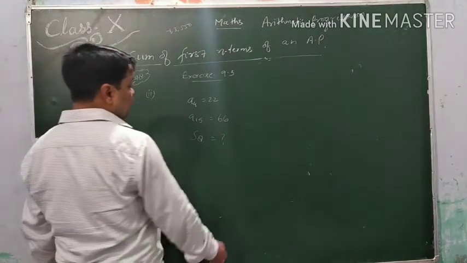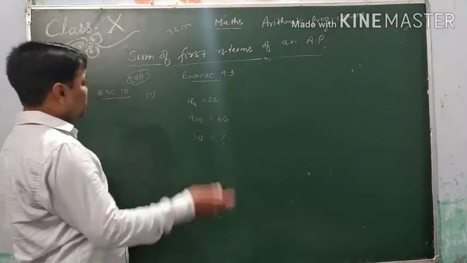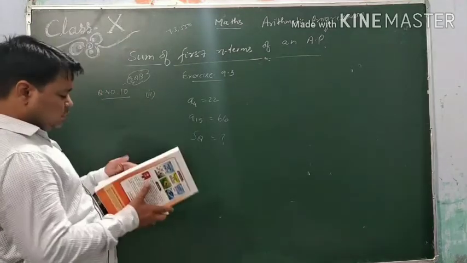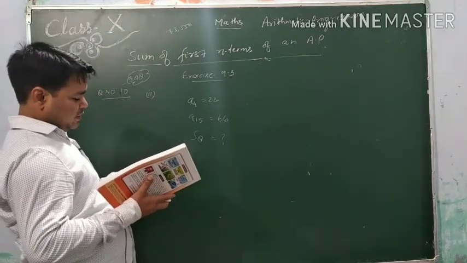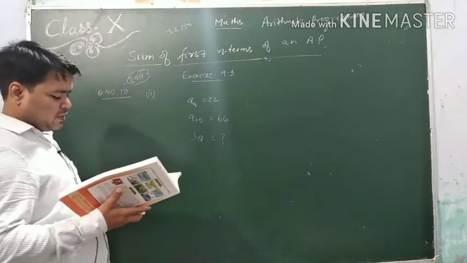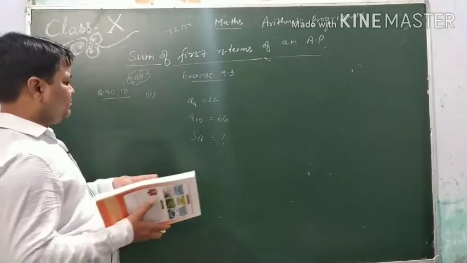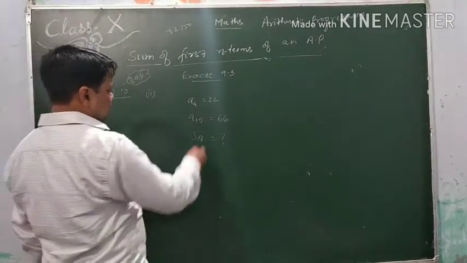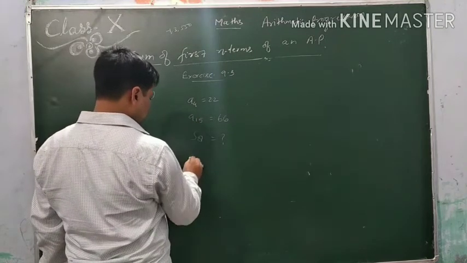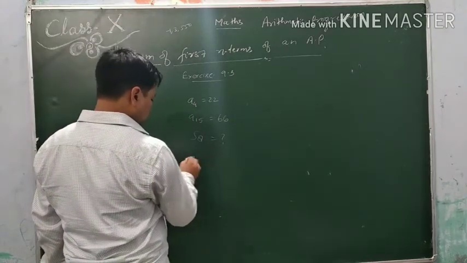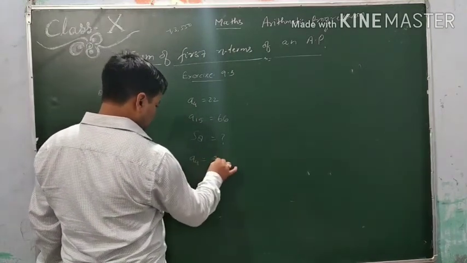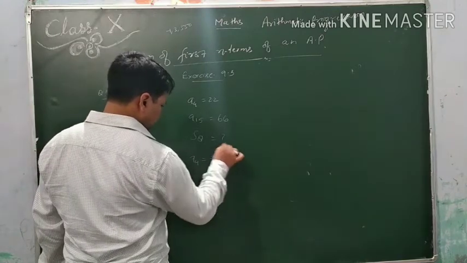Then how do we do it? The same method that we used in question number 9, asked in 2019, we also use here. a4 means a plus 3d.